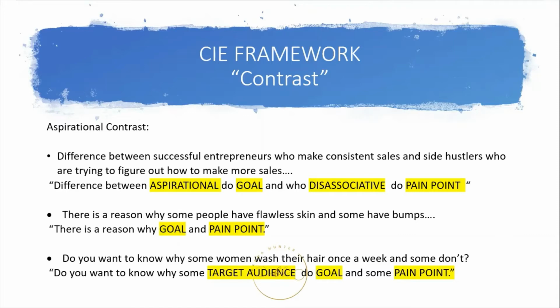And the next thing is, there's a reason why some people have flawless skin and some have bumps. So now if I'm a person who has bumpy skin, then I will want to read even more because I want to see what the good skin people are doing, right? To get my skin better. So you can use the formula, there's a reason why, blah, blah, blah.